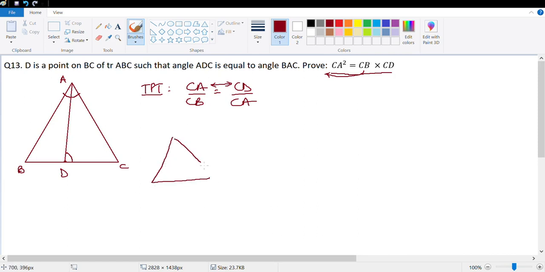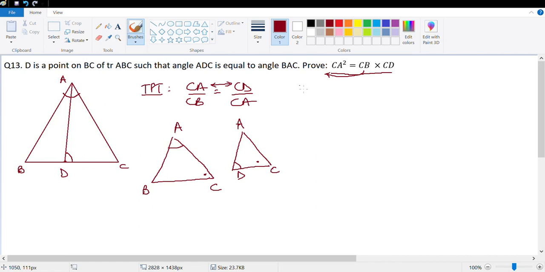That's my big triangle ABC, and I have ADC, which is here. As per the question, angle D of ADC is equal to angle A of BAC. Is there any other thing common? Yes, angle C and angle C are common. So I think we've already got our answer.